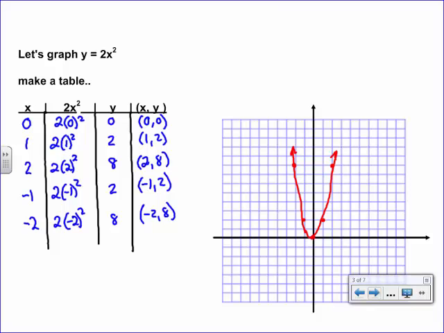Not perfectly drawn, but again, it is our shape of a parabola. Our other parabola, y equals x squared, was approximately out here. The 2 made the parabola narrower, steeper, if you would.